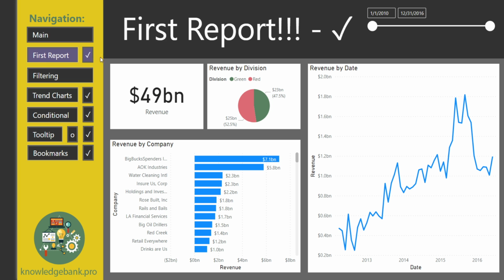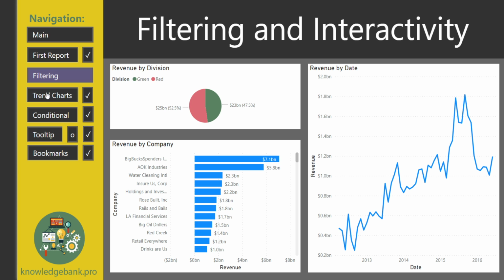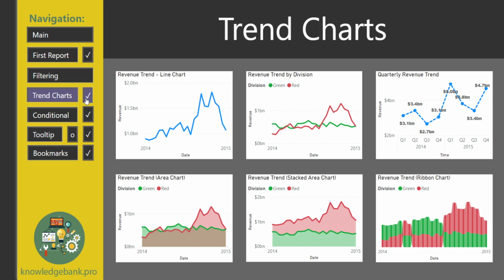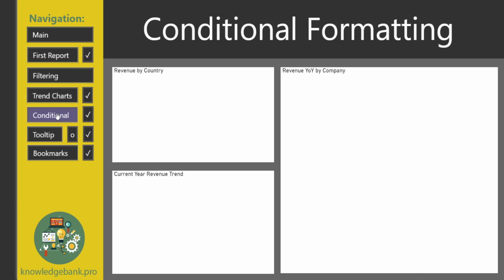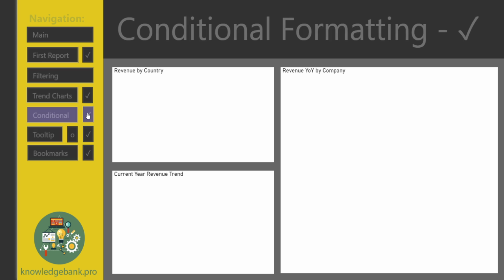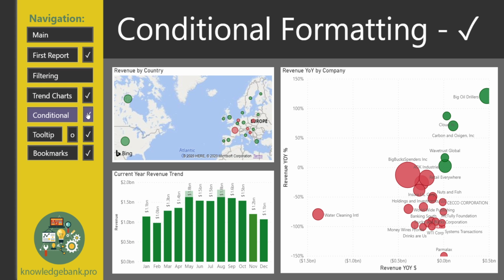As we cover building different reports, we will cover different filtering options. We have a chapter on trend charts. You start out with a screen that looks like this, and you end up with a screen that looks like that. Then we talk about conditional formatting. That's where you add a little bit of color to your model. You can click on, again, the checkbox to see the end result.